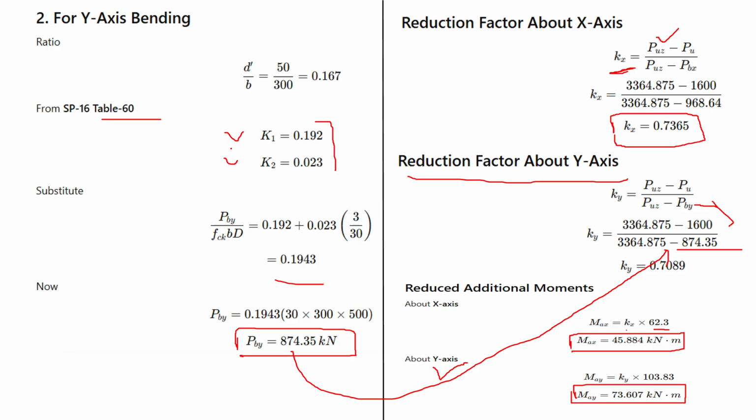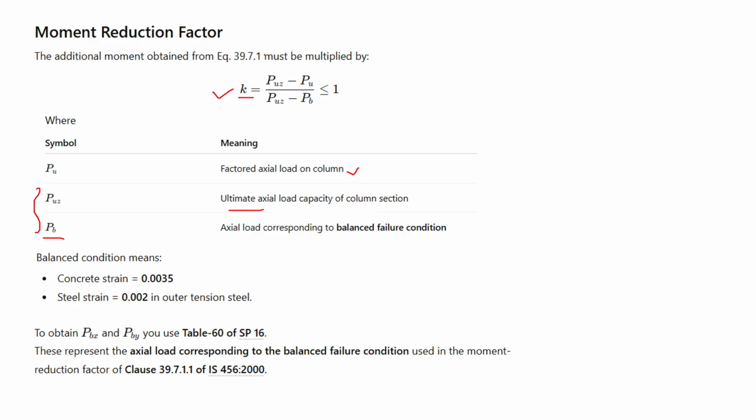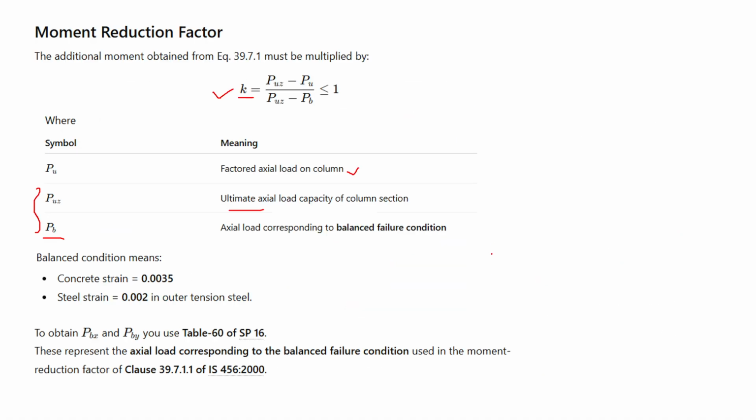What we have done here, simply I'm telling: after getting the additional moment, whatever moment we just got using this formula, why am I finding the additional moment? Because this column is long. After getting the additional moment about the x and y axis, you have to multiply with the moment reduction factor.